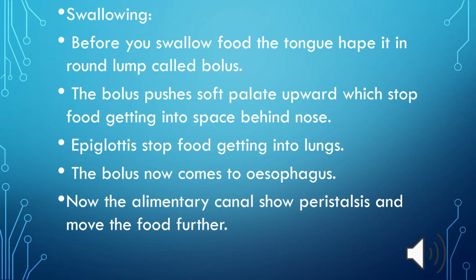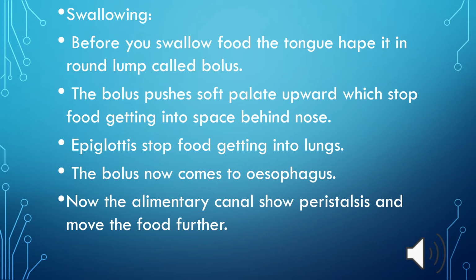This stops food from entering the nose. As the passage for both air exchange and food is the same, a flap of skin called epiglottis closes the glottis to stop food entering the windpipe. From here, the bolus is passed to the oesophagus through peristalsis.